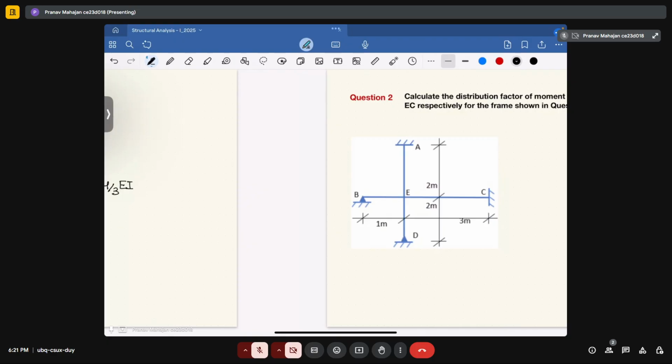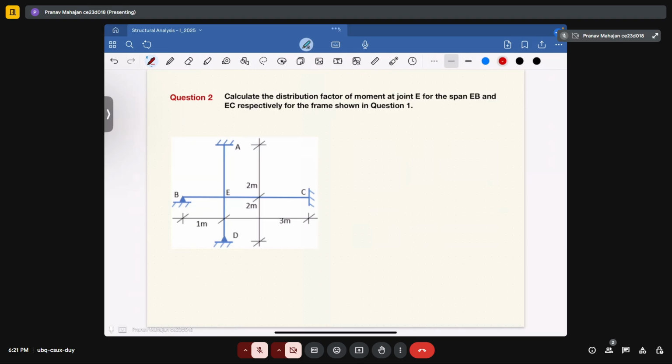Okay, now it is the same question for you. In this question, as for EA and ED, you have already calculated. Now the question is asking you to calculate for EB and EC. So the same thing we will apply.